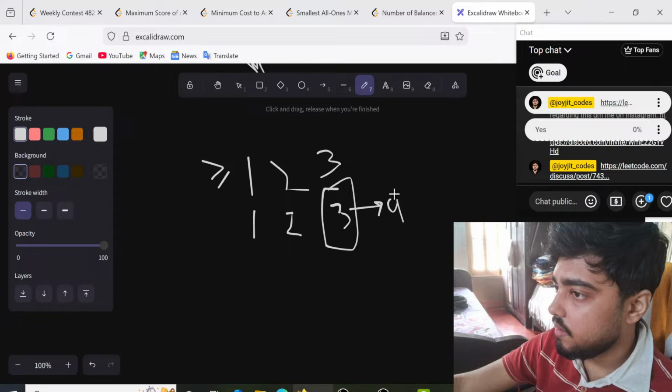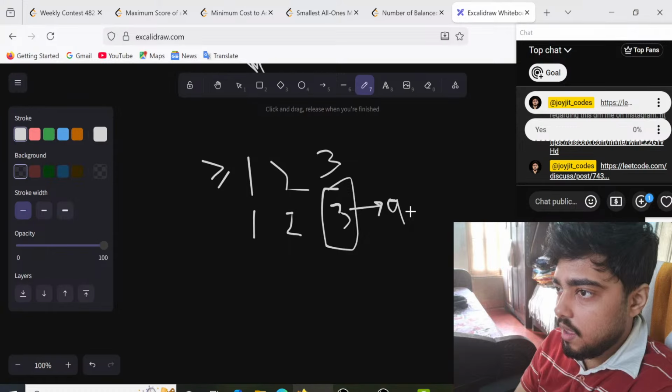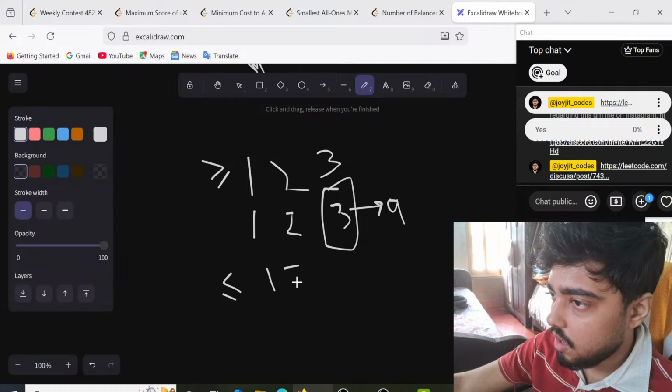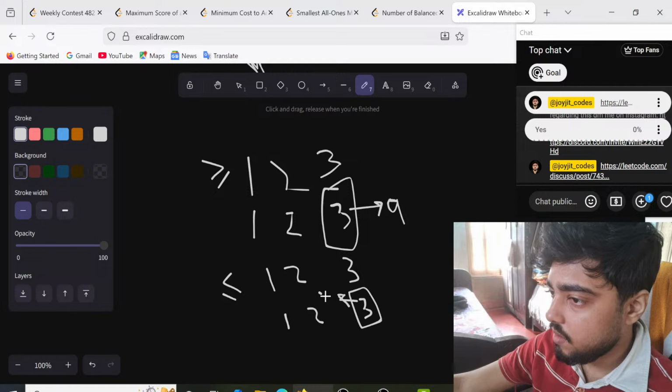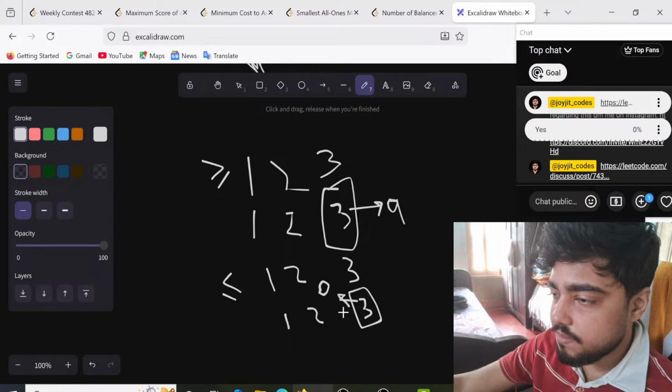And what if I do the opposite thing? That is, I have to put something less than equal to 1, 2, 3. If I put 1 and 2 over here, then in this position I can put 3 or anything less than that, from 0 to 3, correct?